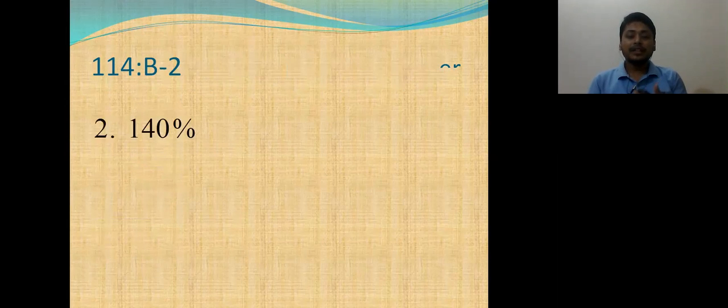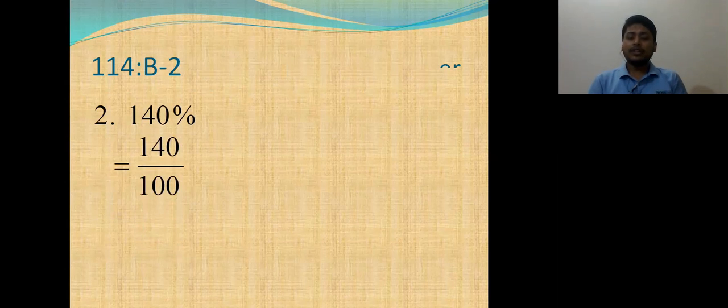Okay, the next math, 140%. 140% means 140 divided by 100 because the percentage value will have to be put here. Now this is 0 and 0 cut, or directly you can do division by 100. From the right side after two numbers the decimal point will come. So 1.40.